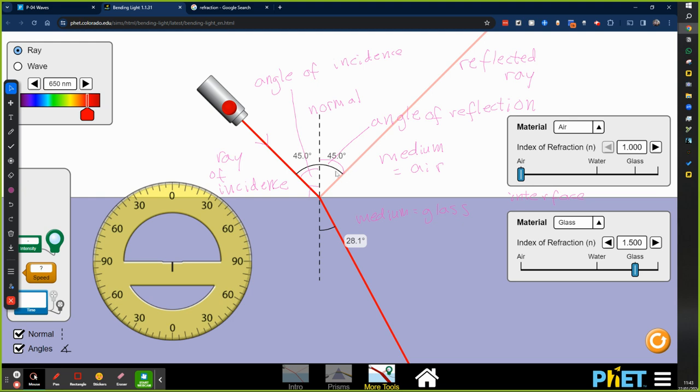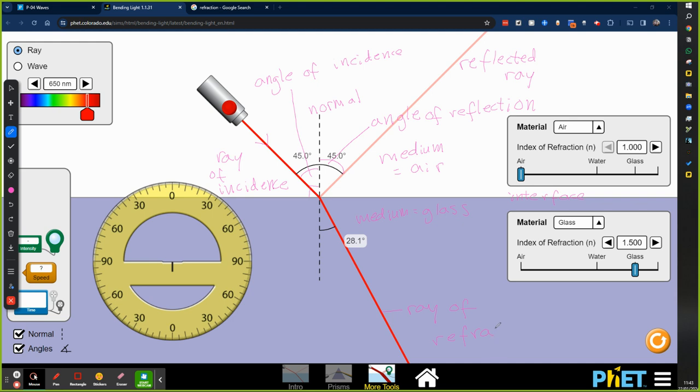Now, next is this angle. Again in your head, have a think about what you think it's going to be. What do you think I'm going to label this ray as? And what do you think I'm going to label this angle as? So this ray is called the ray of refraction, because that's what's happening here.